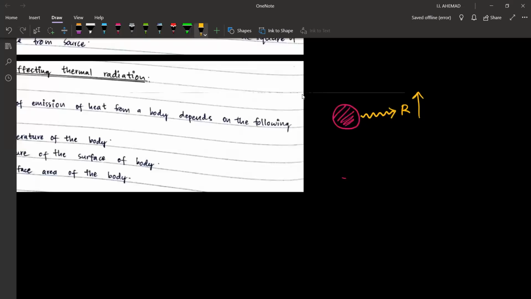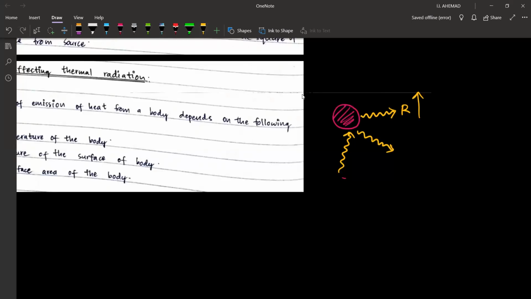And do you all know that a black color body absorbs a lot of energy, as well as it will emit a lot of energy? I mean, it will radiate a lot. That means the nature of the surface, the color or the material, affects the rate of radiation.